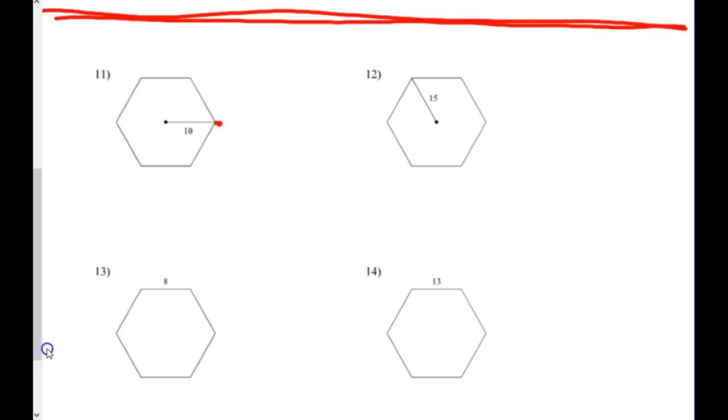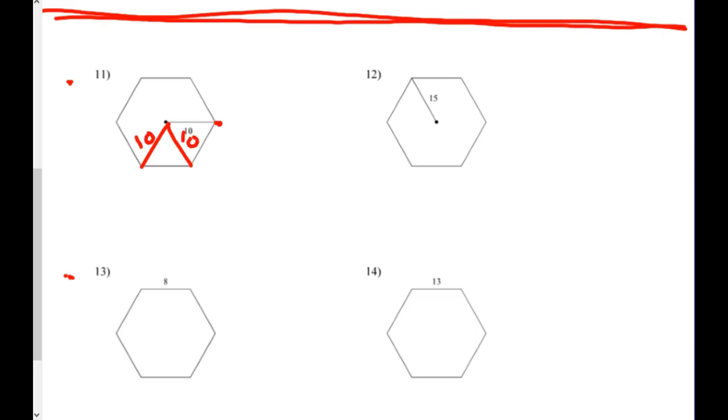So on 11, 12, 13, and 14, we don't know the little a apothem. So I'll show you how to do number 11, and I'll show you how to do number 13. That way you can do number 12 and 14, okay? So let me help you out. On number 11, okay? Every single one of these little lines is called a radius, and they're all 10, okay?